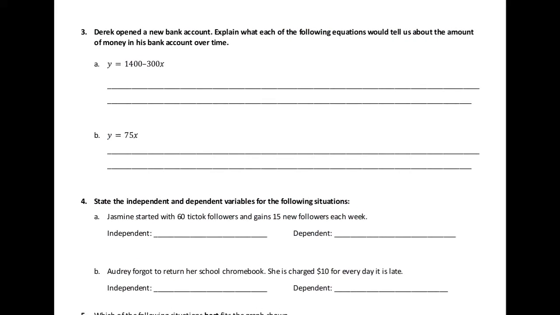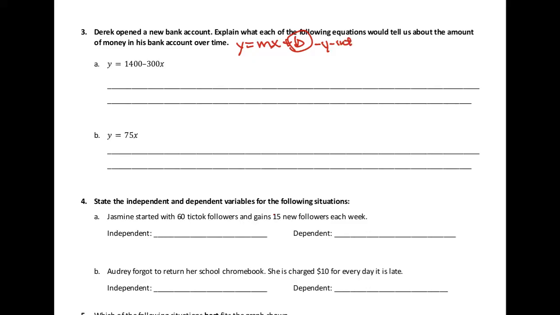All right. Derek opened a new bank account. Explain what each of the following equations would tell us about the amount of money in his account over time. Okay? So again, we're looking at y equals mx plus b, where b is your y-intercept.